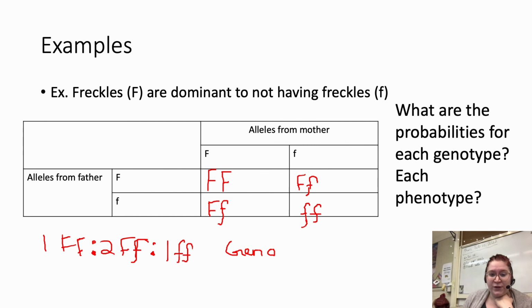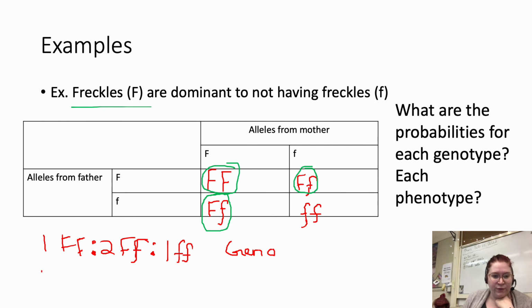If we're doing phenotype, let me get a different color. Because this is a dominant recessive relationship, we have a dominant allele, all three of these ones I've circled in green actually have the dominant phenotype, which is freckles.